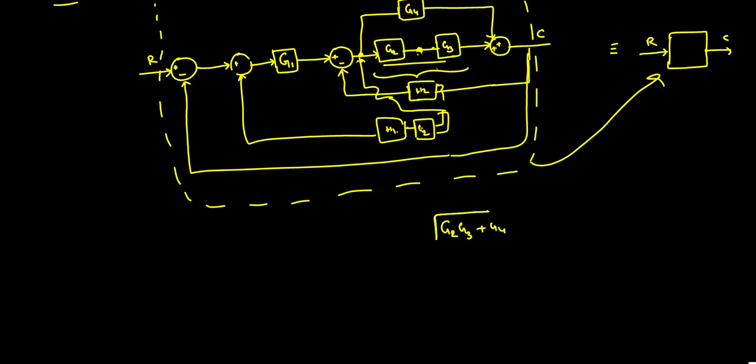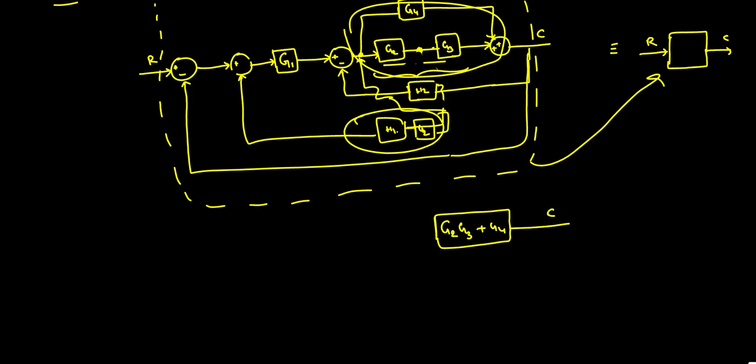So the entire block is reduced as something like this. These two also reduce directly, H1, G2. So this is directly connected at the C, and there is one summation block here that is connected here.